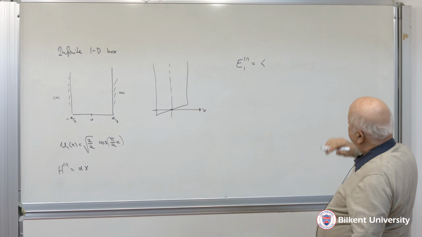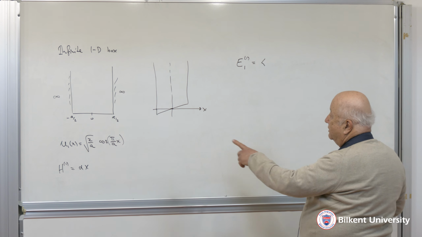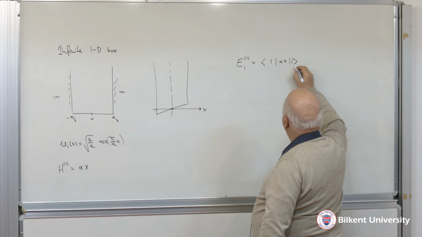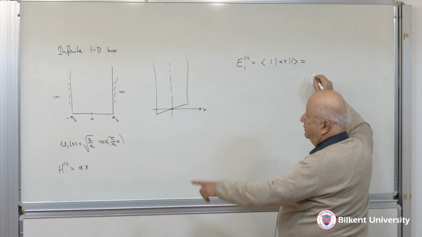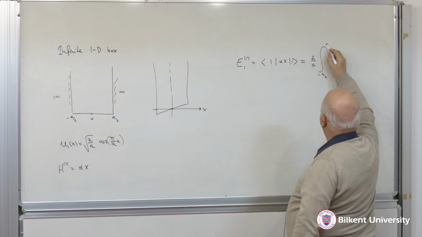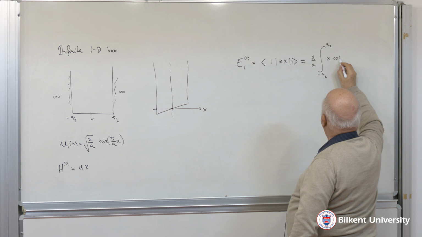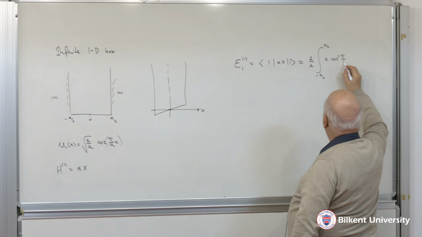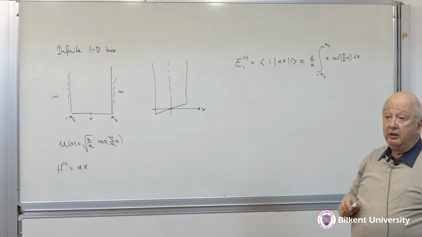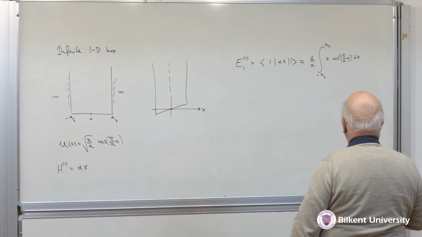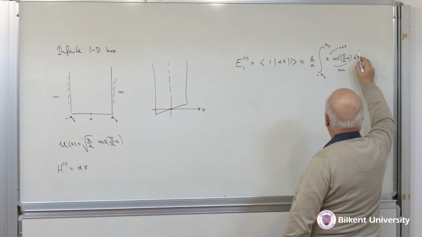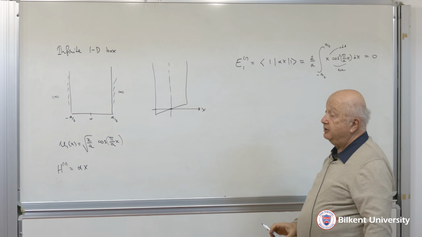So the shift of the ground state energy is going to be ⟨1|αx|1⟩, and that is going to be equal to 2 over a, the integral from minus a over 2 to a over 2 of x cosine squared of 1 pi over a x dx. You see that I have an even function here, an odd function there, so I'm going to get 0. So at first order I get 0.